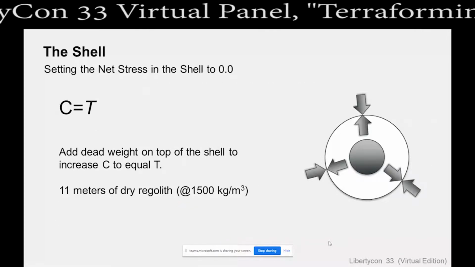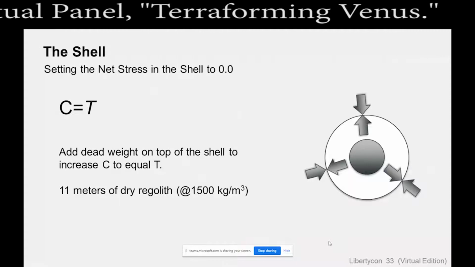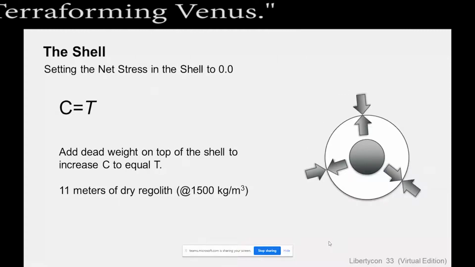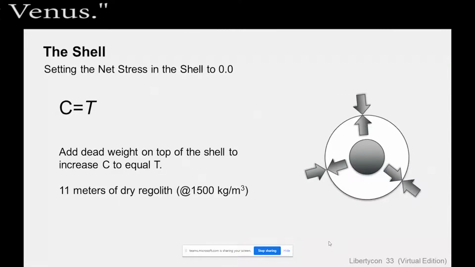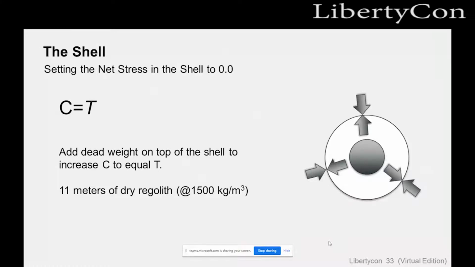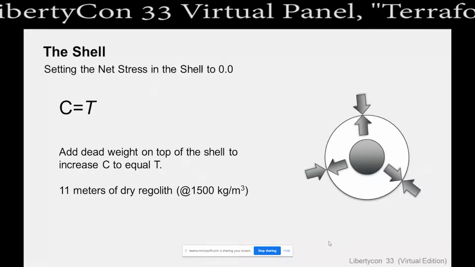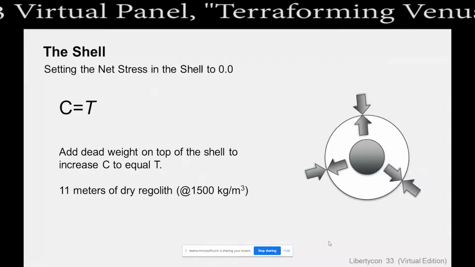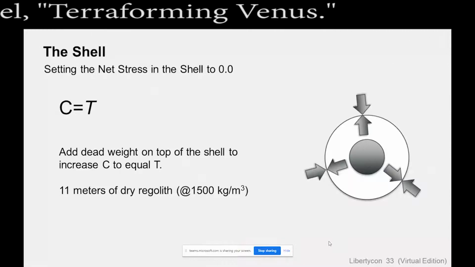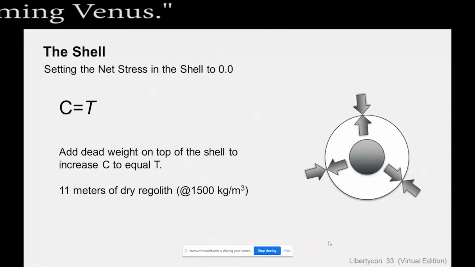But if we're clever, we can actually get these two stresses to cancel out because they're both in play at the same time. We have compressive forces from gravity, and we have tensile forces from the pressure contained under the shell. We can make these two equal by varying the thickness of the shell or just adding dead weight on top of the shell.